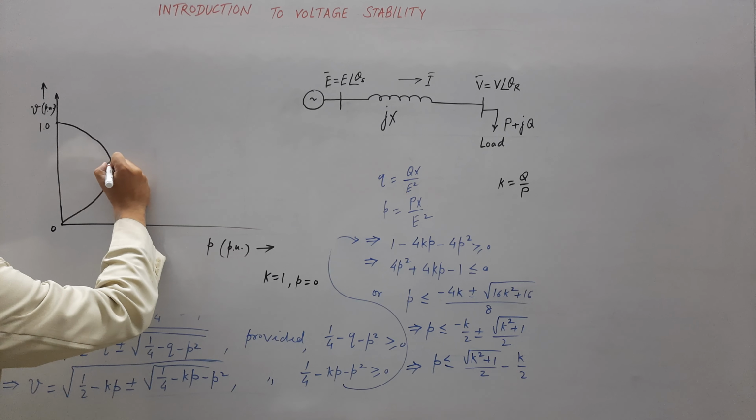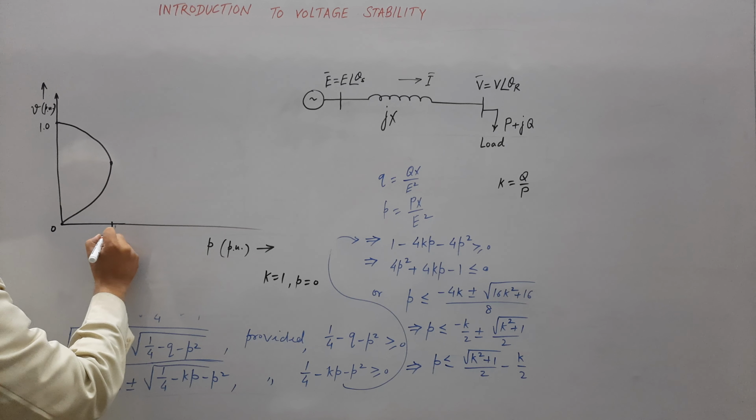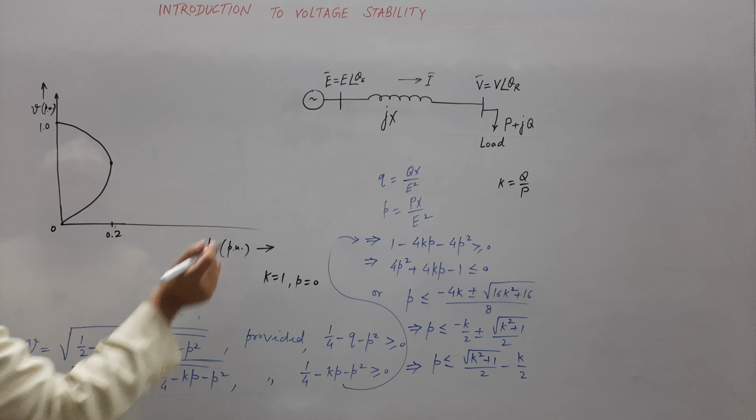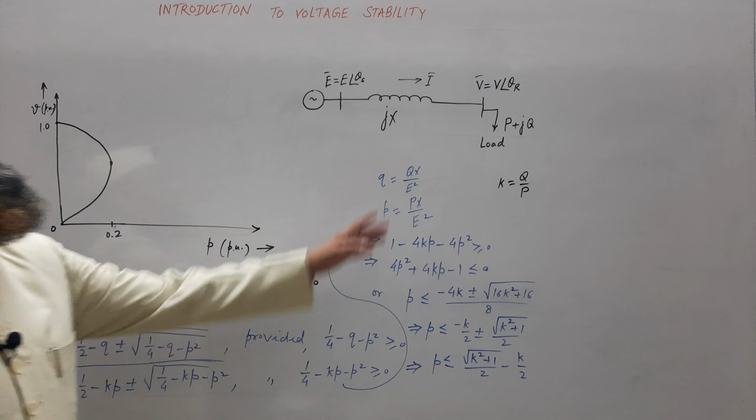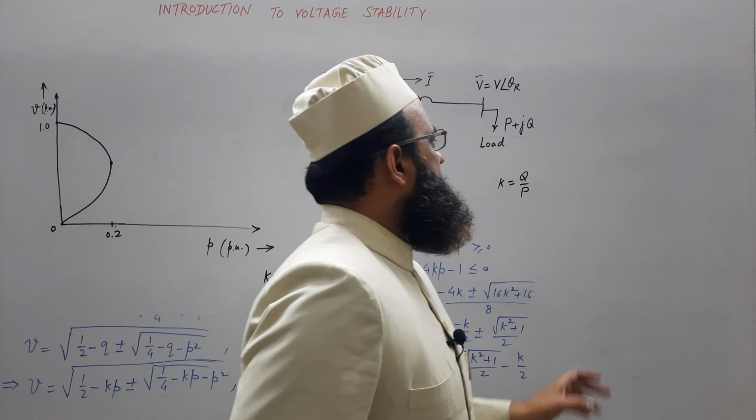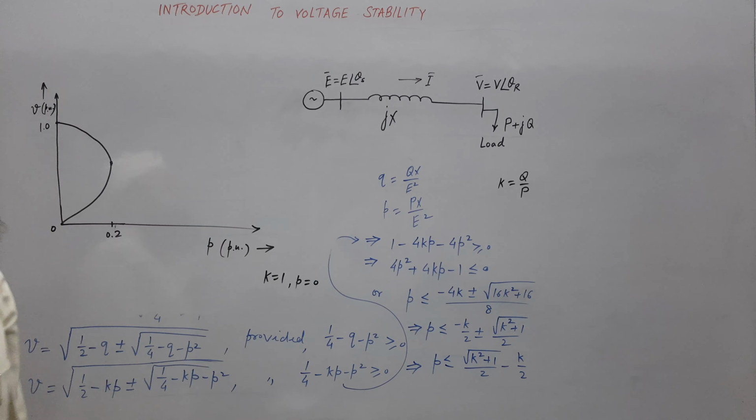So we will have 0.2, let us mark it, not to plot, just to have an idea of the nature of this voltage fluctuation at the load bus for various power factors and power consumed by the load.